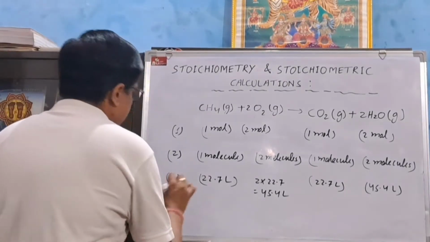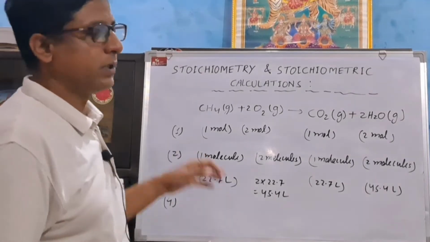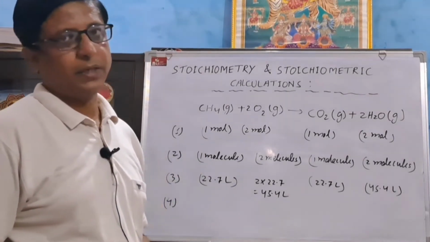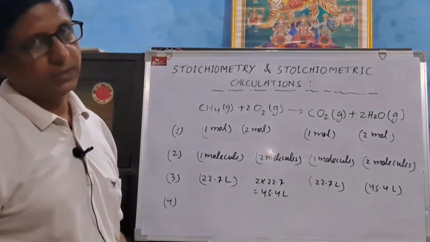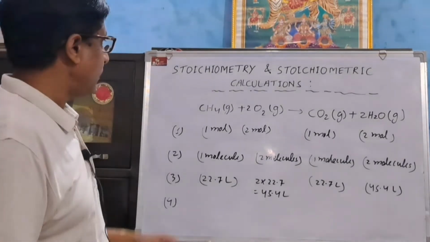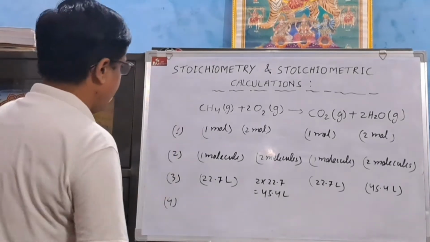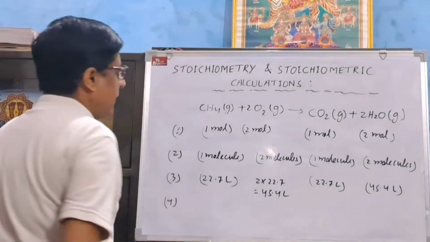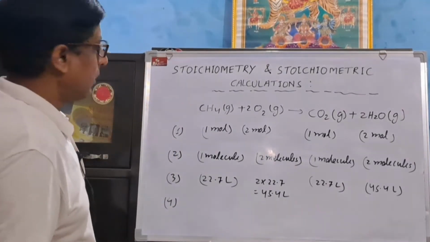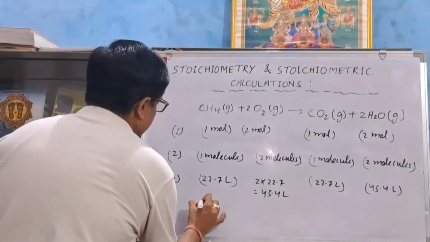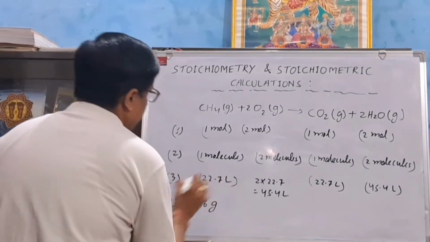In the last case, this equation can also be interpreted in terms of masses, in grams. We know that 1 mole of methane is equivalent to its molar mass, which is 16 gram.